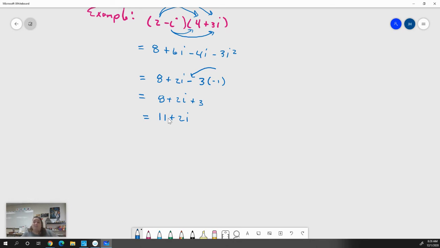So anytime you see that i squared, the i is going to go away, and this would become a plus, if that makes any sense at all. So you're going to get ample opportunity to play with these.